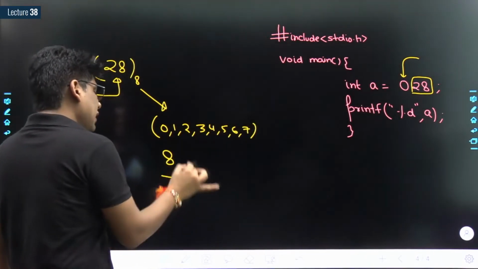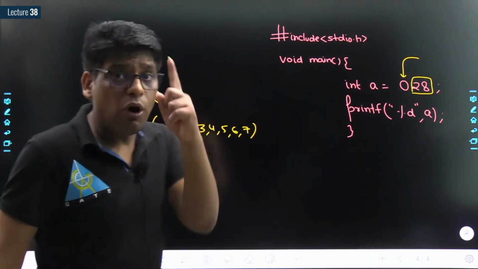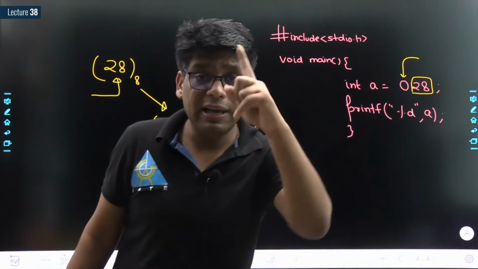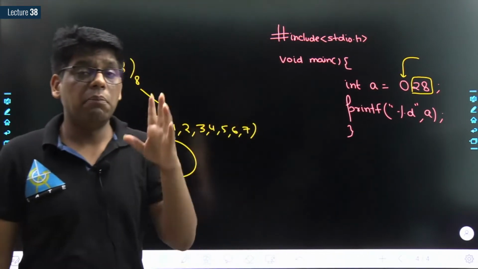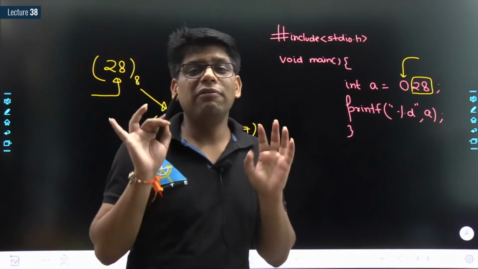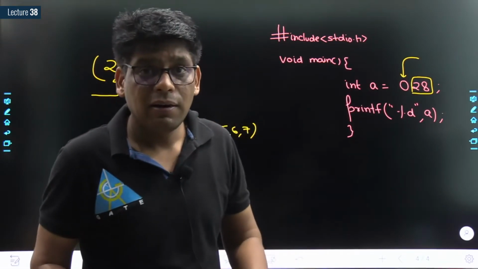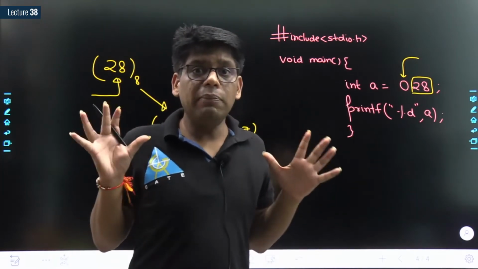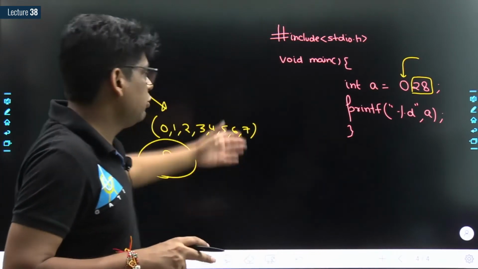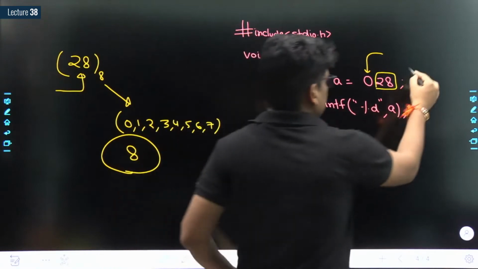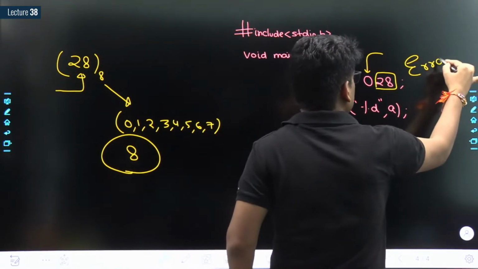We cannot have an 8 in any octal number. The same thing the compiler will tell you in angry man form. Oi, what are you doing? That means, sir, an error will be there.